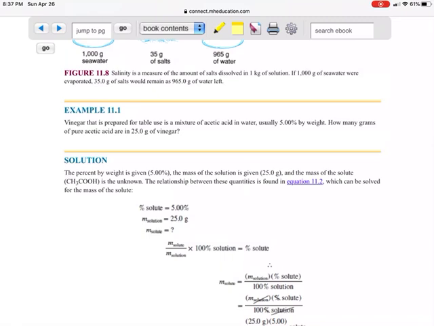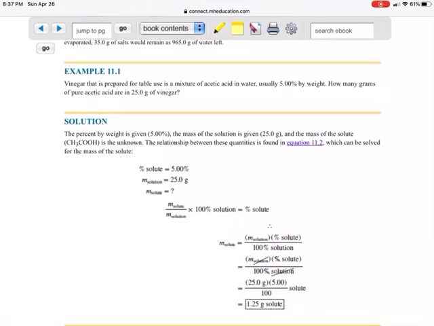So kind of remember those terms like solute, solvent. So what do you think is the solvent in this case? That would be the whole solution, which is the vinegar, right?